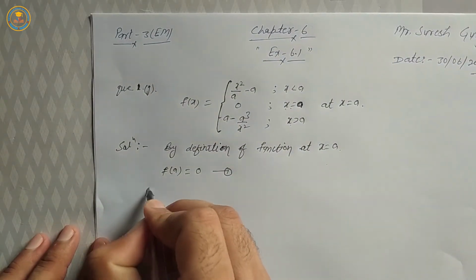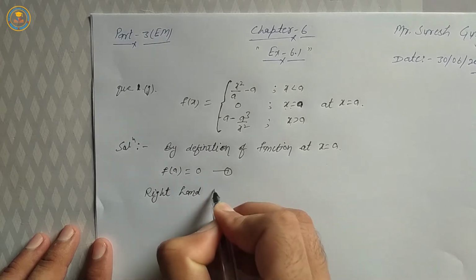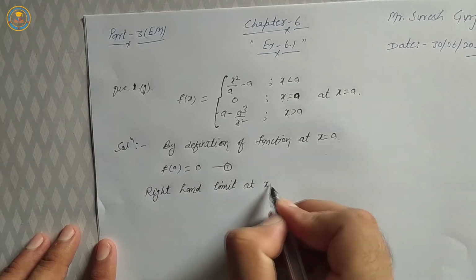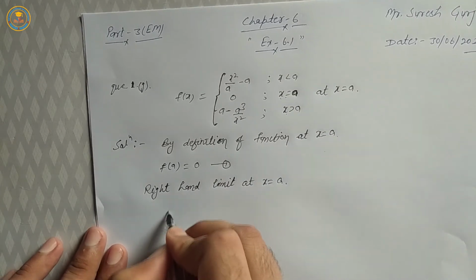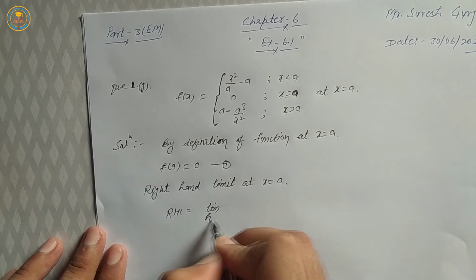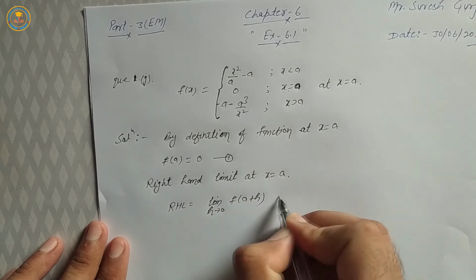Second, right hand limit at x is equal to a. RHL is equal to limit h tends to 0 f(a plus h).